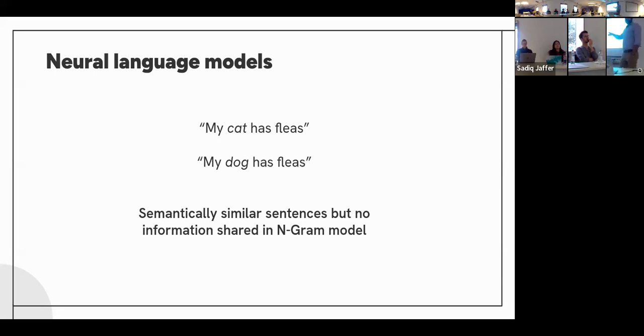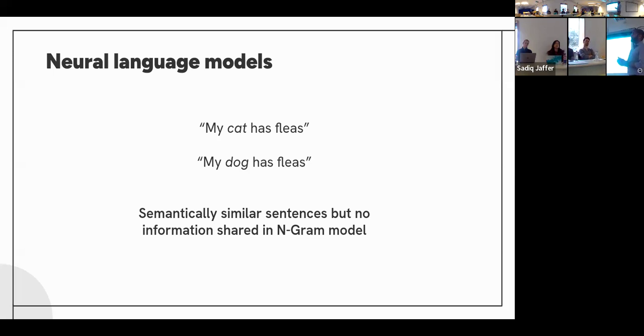My cat has fleas, my dog has fleas, right? Under an n-gram model, say a trigram model, where we're using three tokens, these two sentences don't add any information to the model for the other sentence, right? And yet we know that they're semantically related, right? Something that can have fleas has fleas.